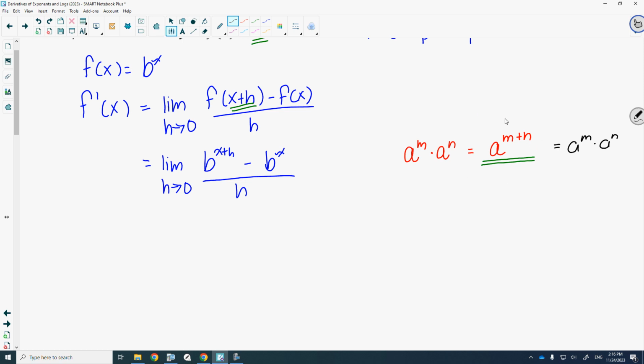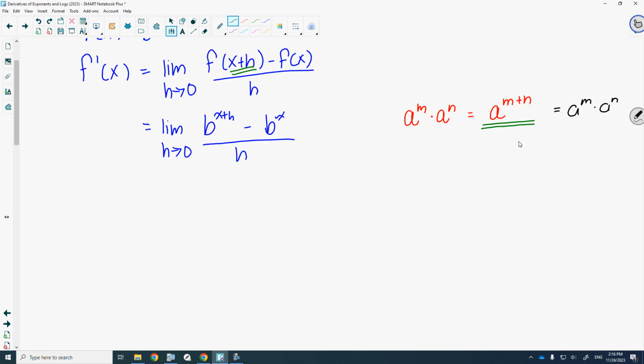But if I start here, a lot of students have a hard time saying, oh yeah, I could separate that by writing a to the m times a to the n, because this could be combined by just adding my exponents. So the reason why I show you that is because we could break this apart. B to the x plus h is the same as b to the x times b to the h.